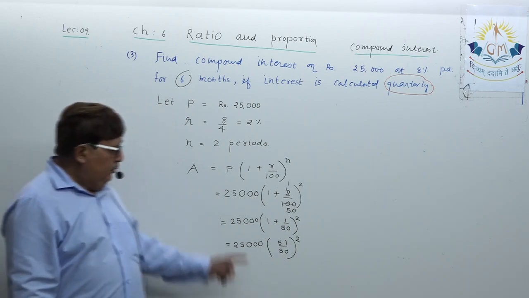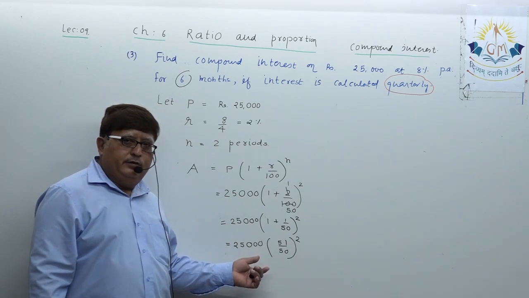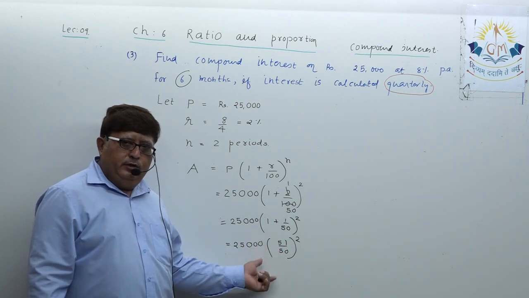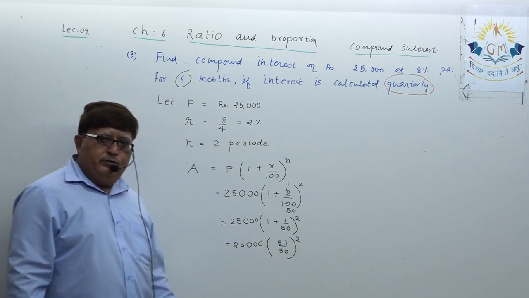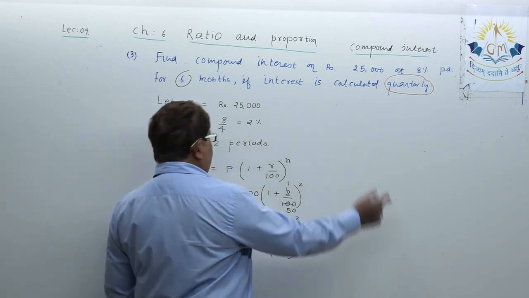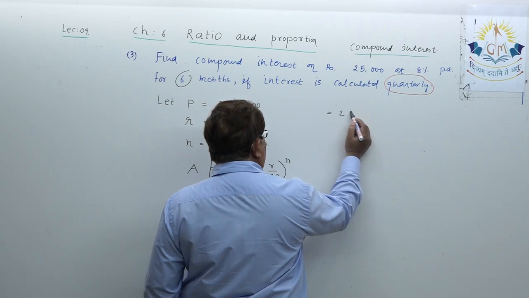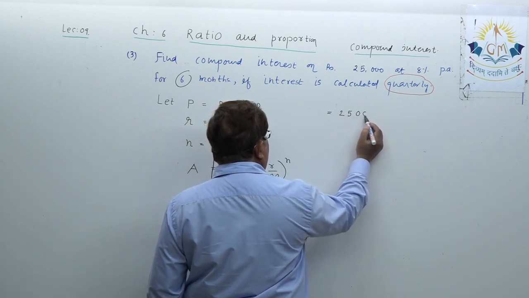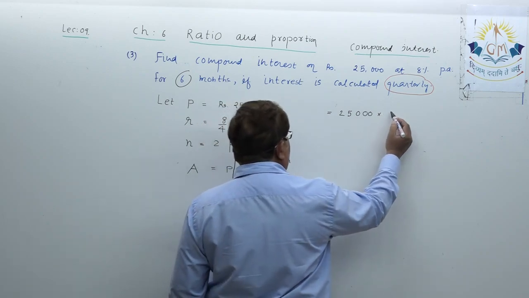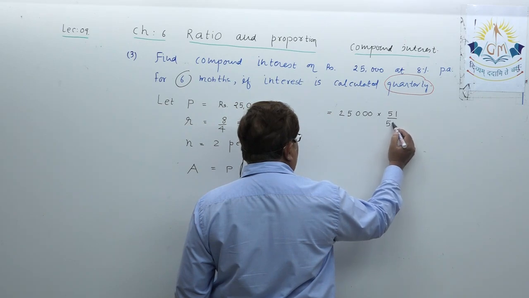Right? You must have calculated the example. You just need to be watchful, whether you have performed the calculation in the same way or in a different way. Okay. Next step. This is, dear student, 25,000 into how many times you need to repeat the base, twice.